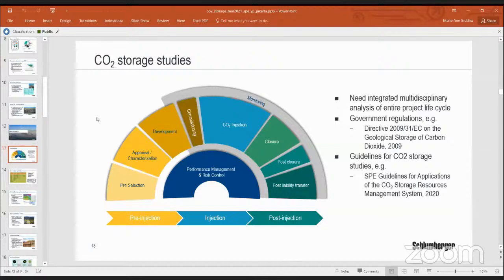You have to think what will be the fate of the CO2 over a long period of time, which may be hundreds or thousands of years.